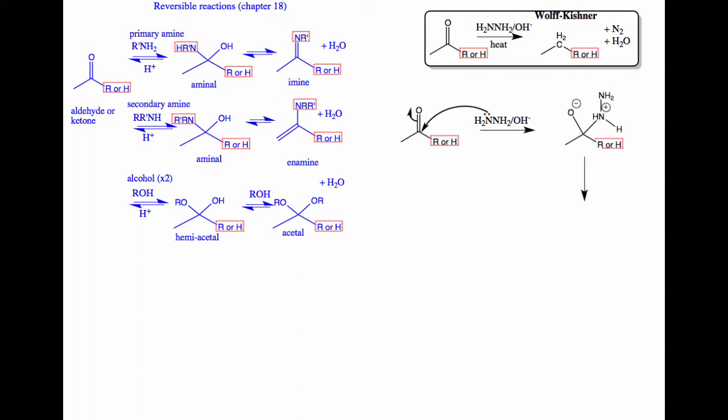We then do a series of acid-base reactions separately. That is, a base comes along and takes off the proton that's over here, and an acid in solution, such as another hydrazine molecule or water, comes along and adds a proton right here, and we end up with a neutral intermediate.